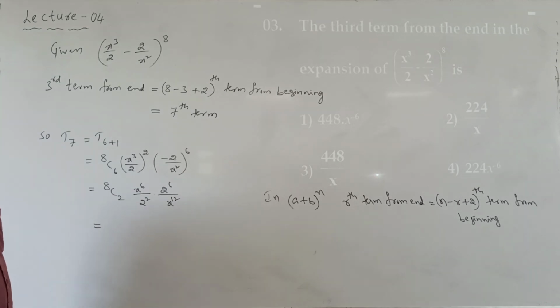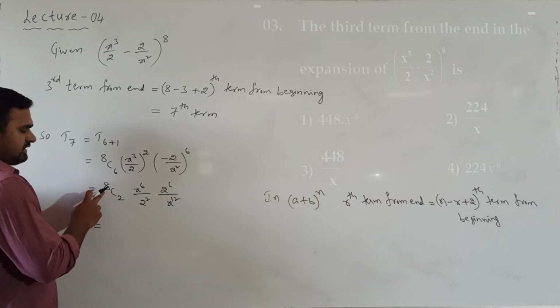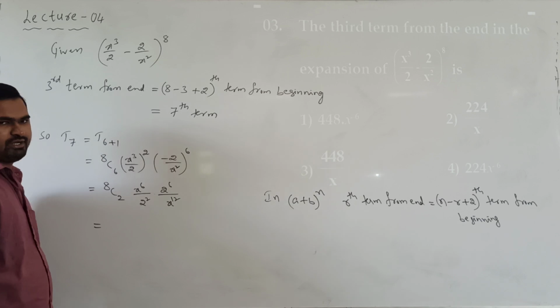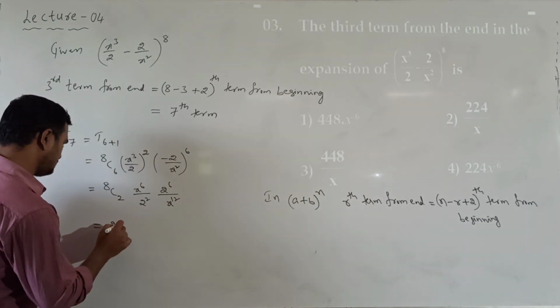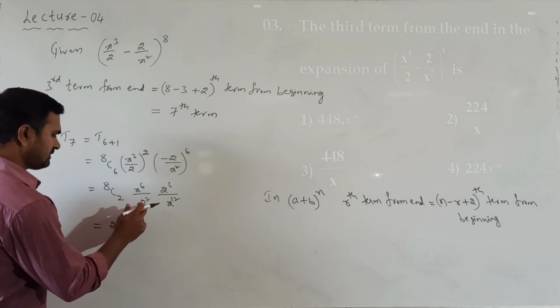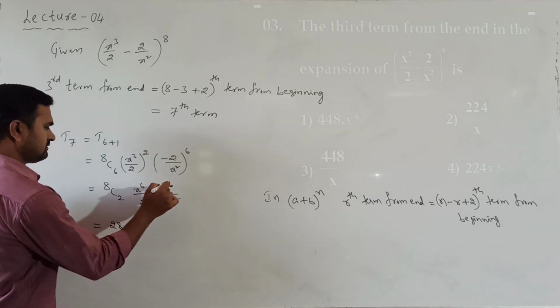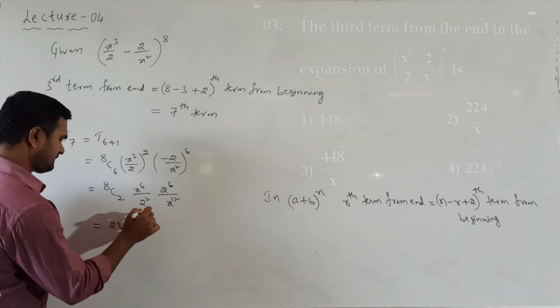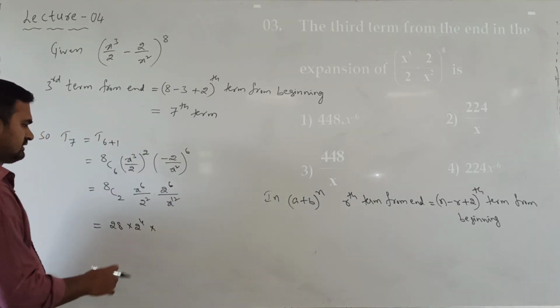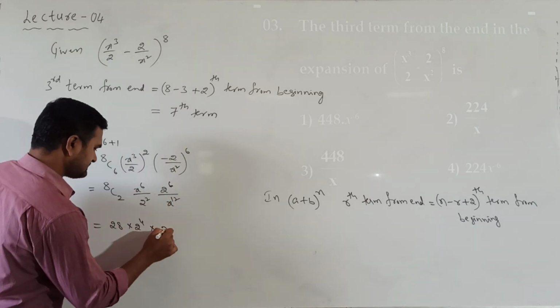So what is the 8C2 value? 8 into 7 divided by 2, that is 7 into 4, 28. Then 2 power 4 into x power minus 6.